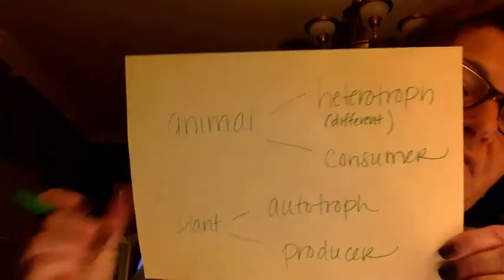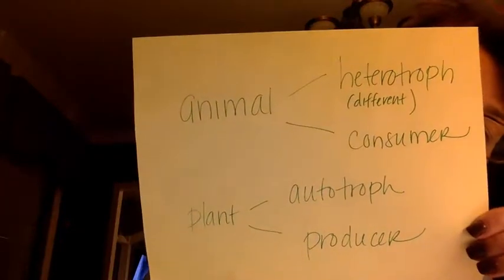An animal is also a consumer, and you probably remember that from like 5th grade science. And then a plant is an autotroph, and auto means automatically, or actually means self, and it is a producer.